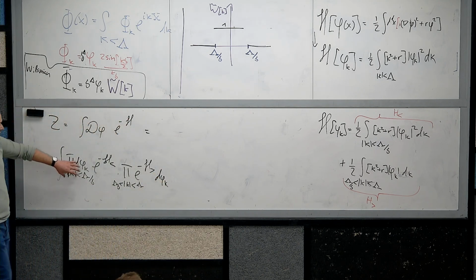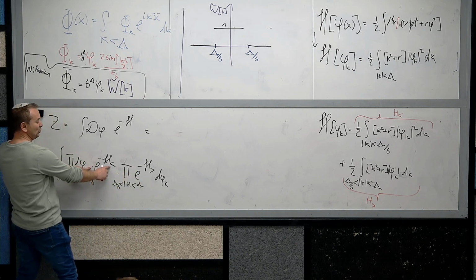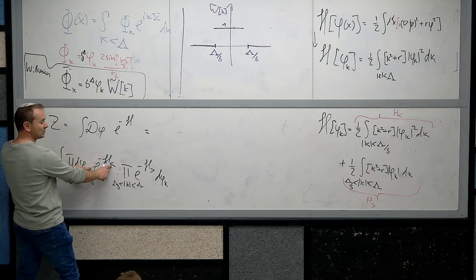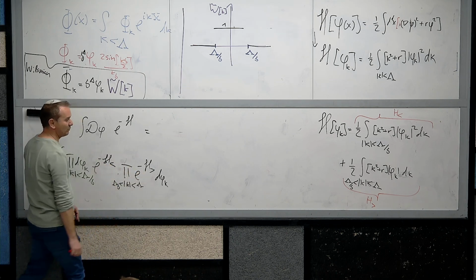So you can separate it into a multiplication of the contribution of the Hamiltonian with smaller modes and the contribution of the Hamiltonian with the higher modes.